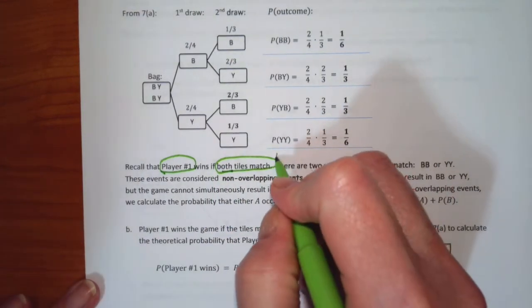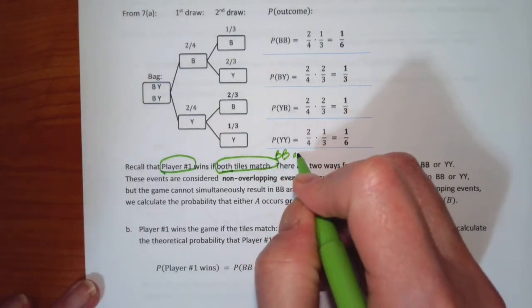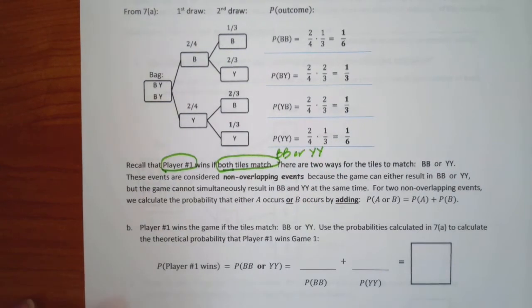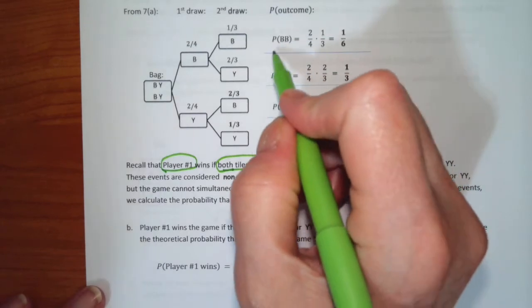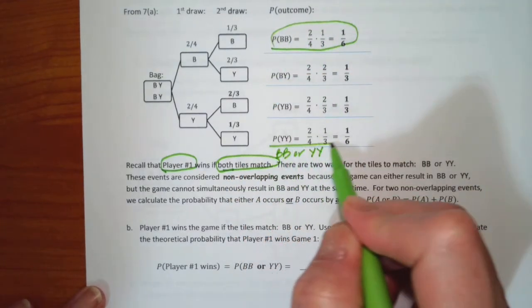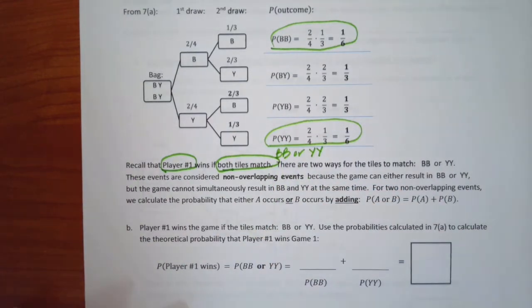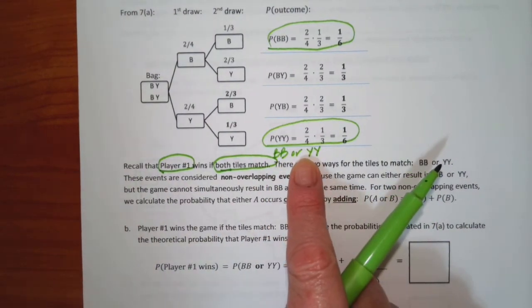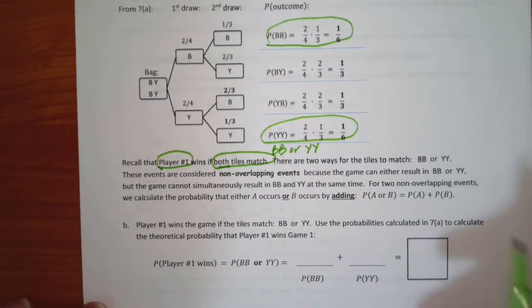That means a blue, blue, or a yellow, yellow. So here is our blue, blue. Here is our yellow, yellow. So we now have to find the probability of a blue, blue, or a yellow, yellow.